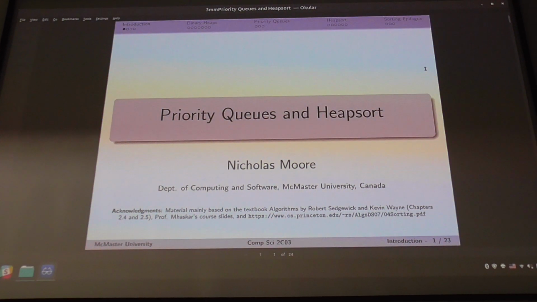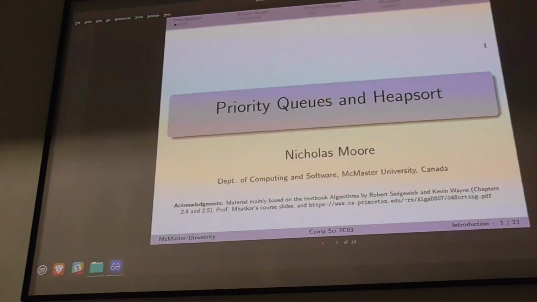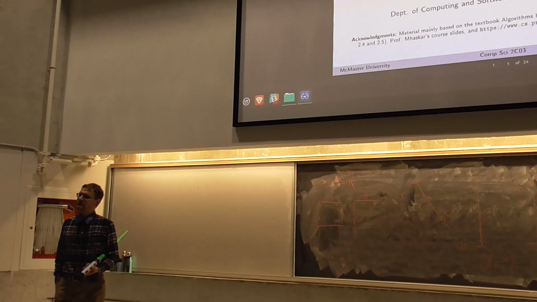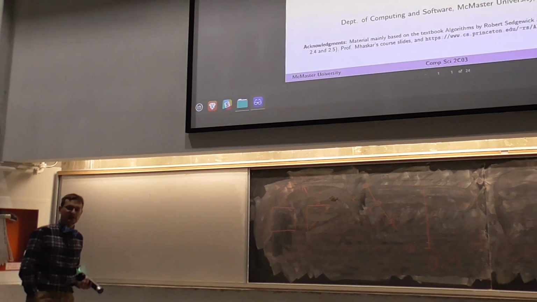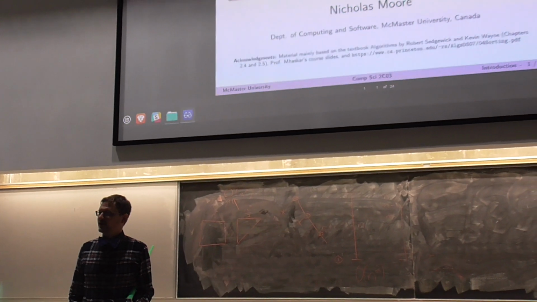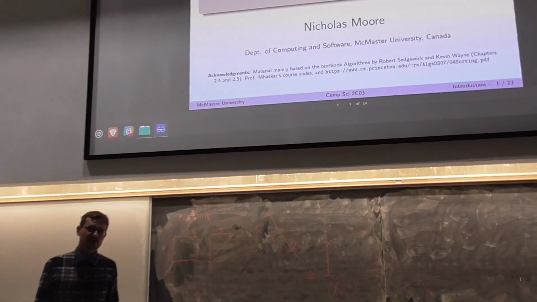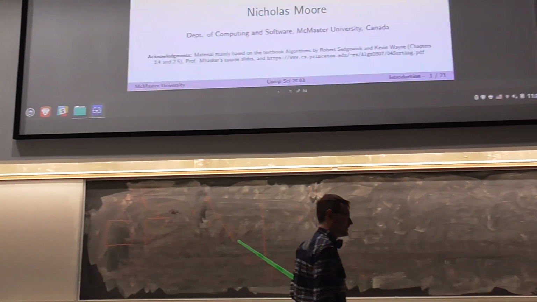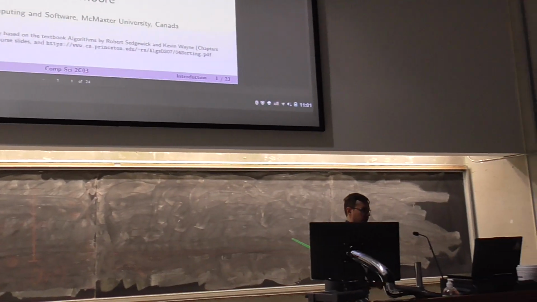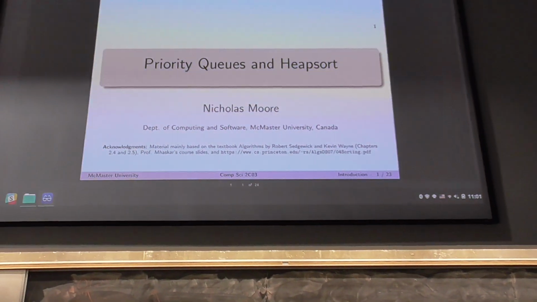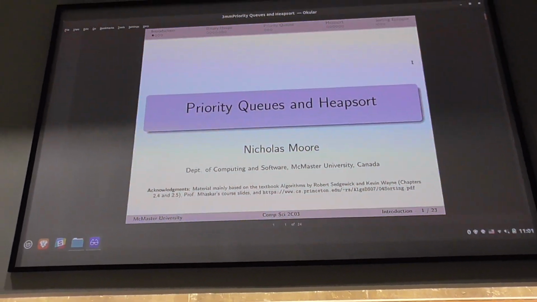You thought we were done because the last topic said advanced sorting algorithms, and that implies the termination of sorting algorithms. But no, we have one more sorting algorithm to talk about. We might call it a highly advanced sorting algorithm. We're going to talk about priority queues and heap sort. We are also going to learn what a binary heap is.